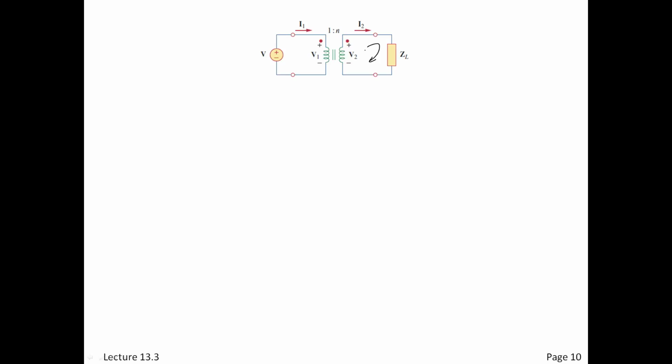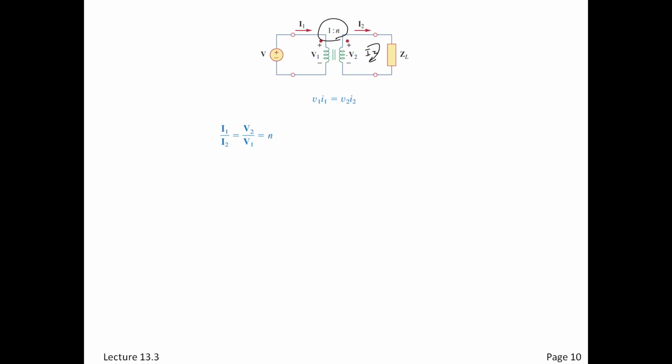That would flow like this, like we're used to writing in our meshes. And now we're indicating turns ratios here instead of impedances. So it's the same circuit, but the givens are more like what we talk about for ideal transformers. What we do know is that the power in is equal to the power out.